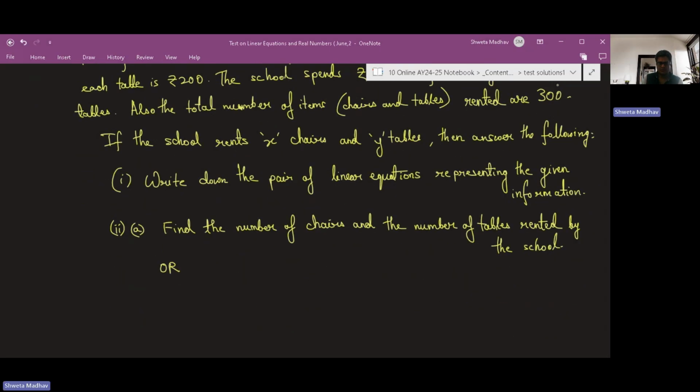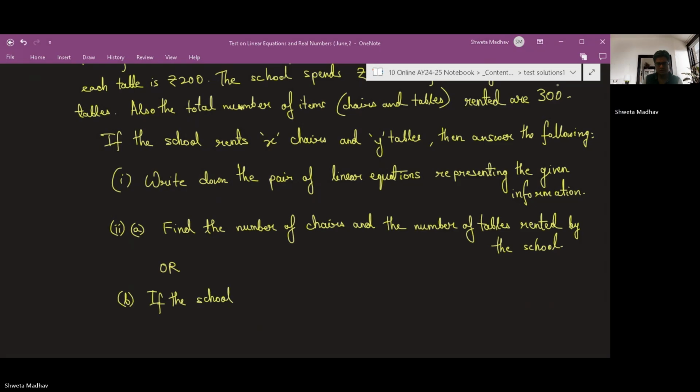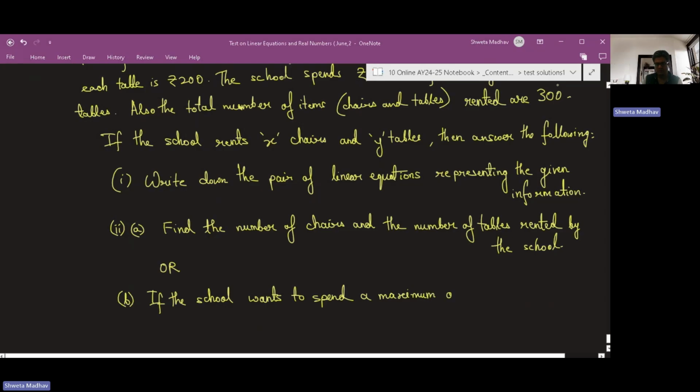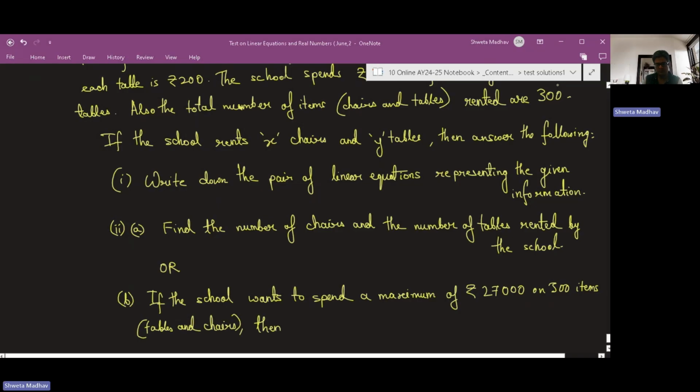And it has an or part also, or we have to answer part B, which is if the school wants to spend a maximum of rupees 27,000 on 300 items, which are the tables and the chairs, then find the number of chairs.